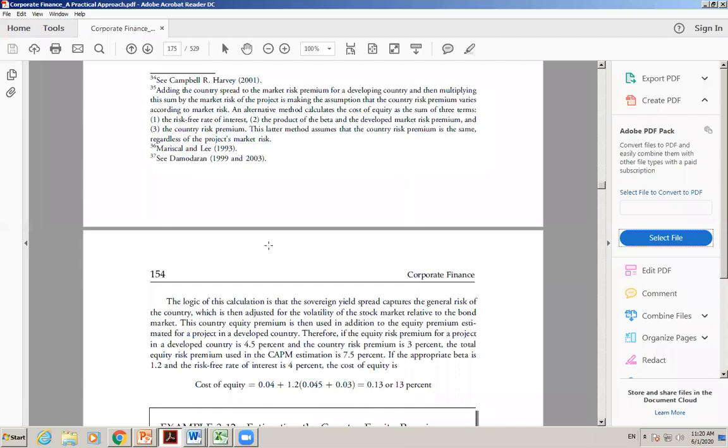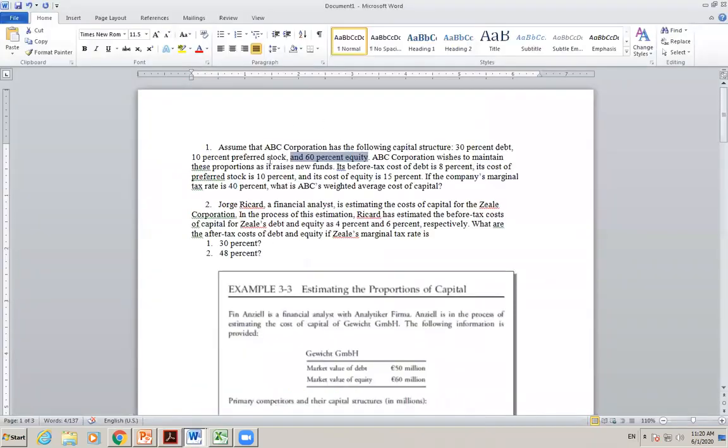This is very important. This information is given, and ABC Corporation wishes to maintain this proportion as it raises new funds. Its before-tax cost of debt was 8%, the cost of preferred stock was 10%, and the cost of equity was 15%. If the company's marginal tax rate is 40%, what is the weighted average cost of capital?